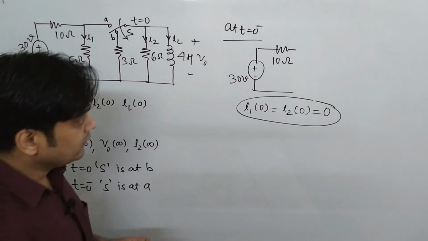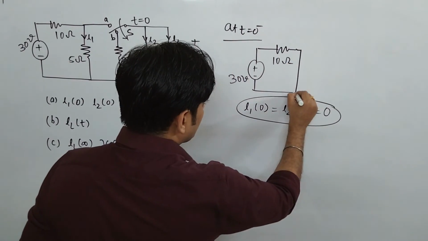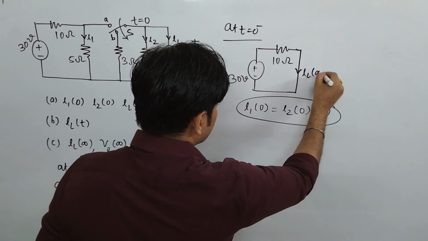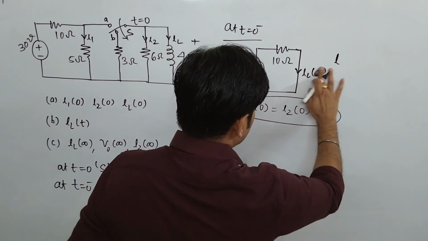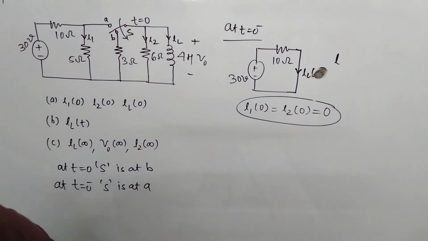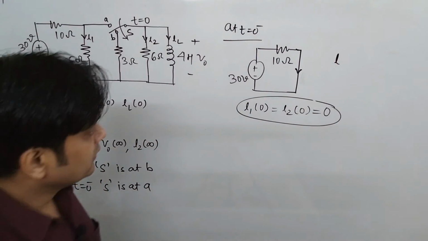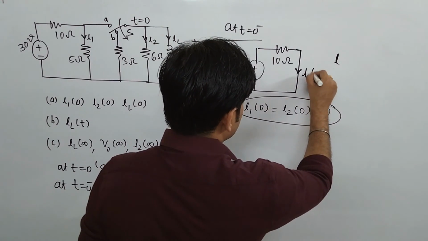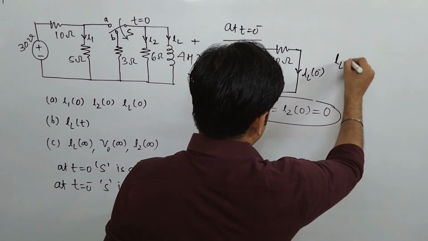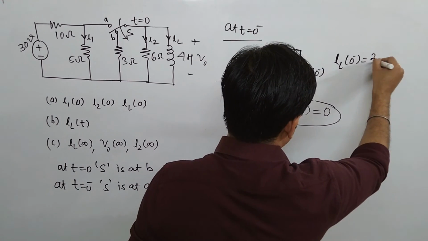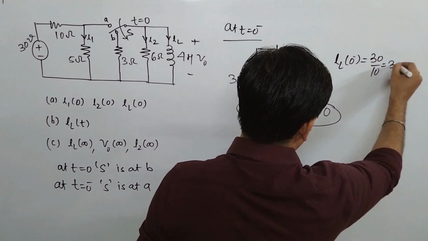Okay, and here is the branch where the current is flowing, and this is IL0. Current flowing here is IL0 negative. So IL0 negative will become 30 by 10, that comes to be 3 ampere.